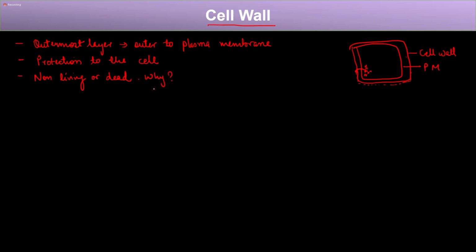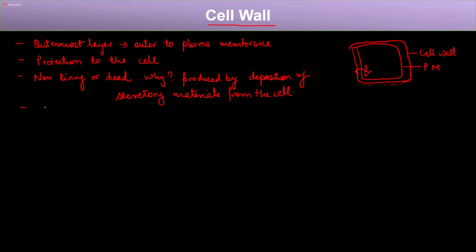So it is produced by the deposition of secretory material from the cell, and because of this reason, it is known as a non-living or dead component of the cell.